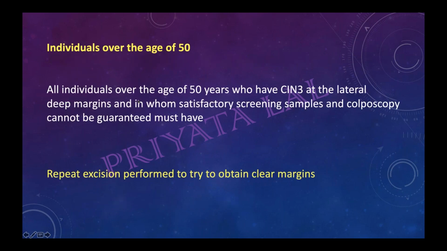But on the other side, if high grade CIN has come in the biopsy and your patient is more than 50 years of age, you can't leave her. You have to do repeat excision. You have to obtain clear margins. Is the thing clear? Yes, madam, clear.